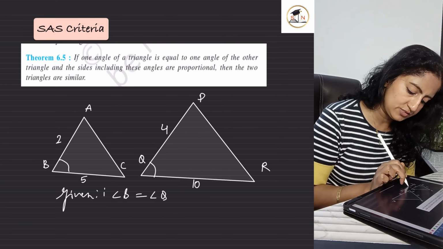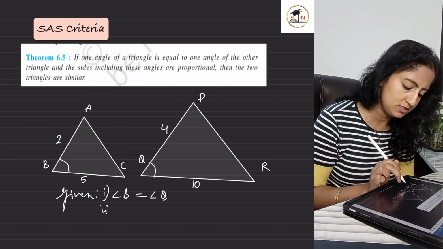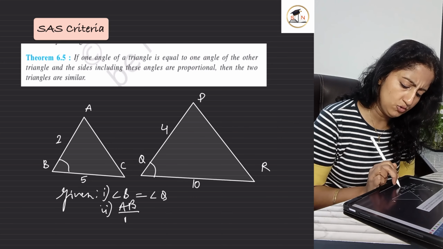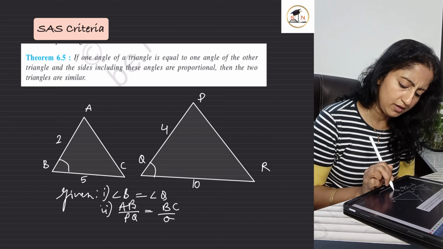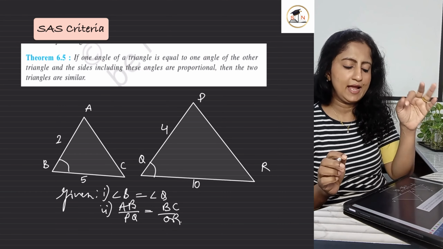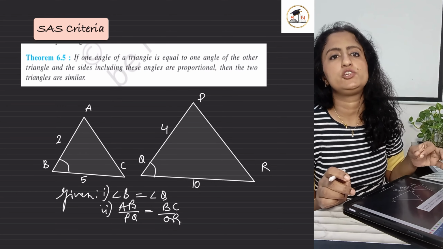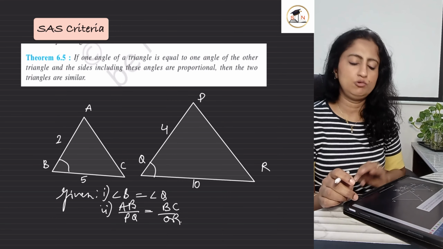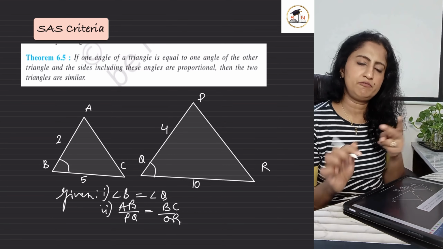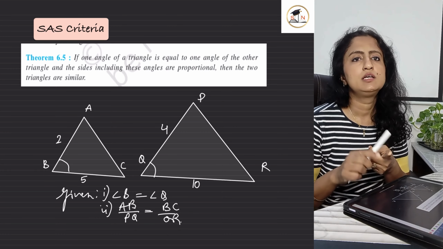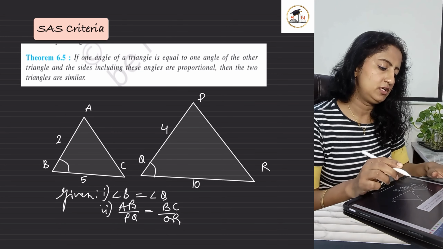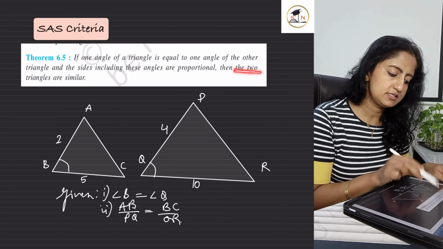We are given this was one, and the second thing was that AB over PQ equals BC over QR. जो sides हमारी angle contain कर रही हैं, they are in ratio. Okay. So AB over PQ equals BC over QR. अगर ये दो चीजें, पहला एक एंगल और दूसरा the sides containing that angle are in ratio, then the two triangles are similar.